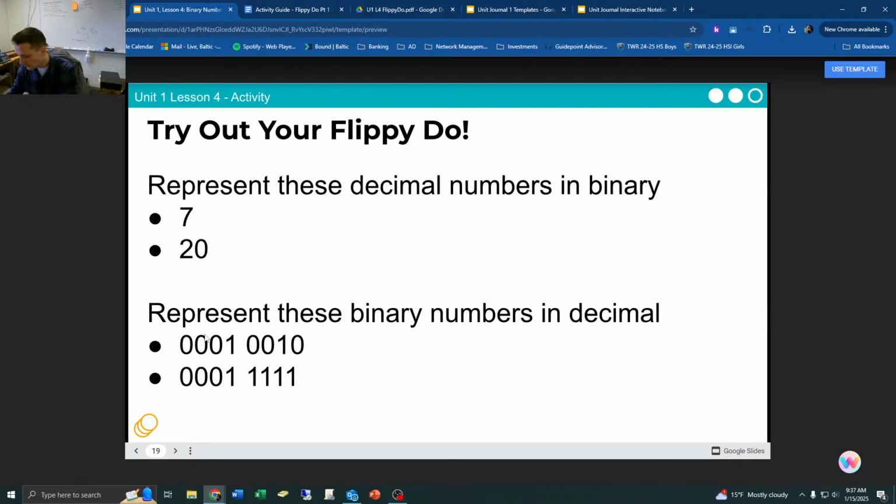Okay? So that's 18. Starting over again, I have a 0 in the 128's place, a 0 in the 64 place, a 0 in the 32 place. I have a 1 in the 16's place. I have a 1 in the 8's place. I have a 1 in the 4's place, a 1 in the 2's place, and a 1 in the 1's place.